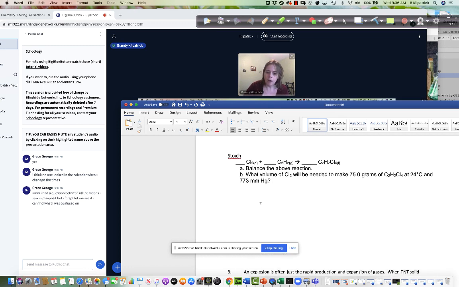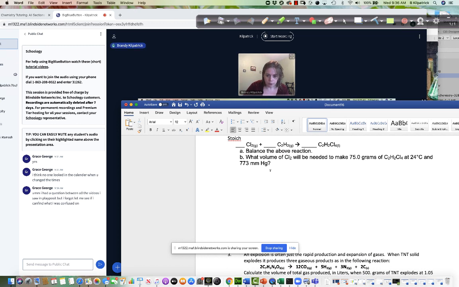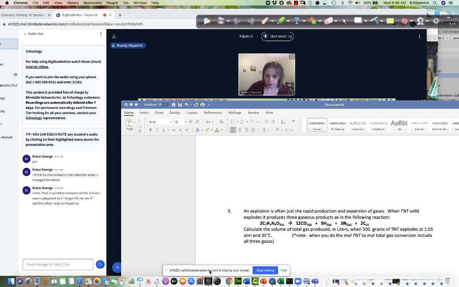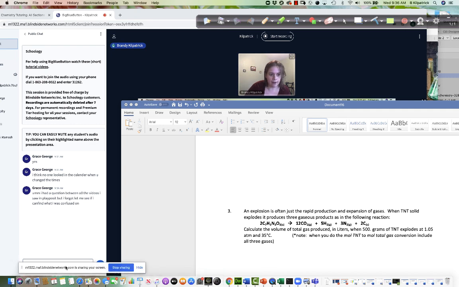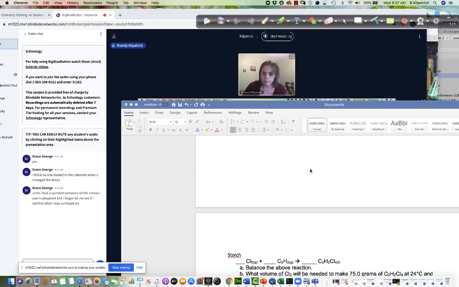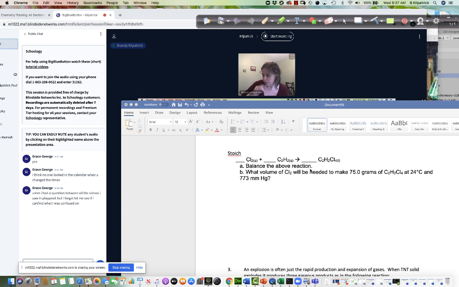But I was thinking maybe I could do one of these problems first, and then I know there was a question in the packet that looks like this. And it's talking about TNT exploding. So there's like a small trick to this one. Okay, so unless anybody has anything else that they want me to go over, I was thinking about doing this.